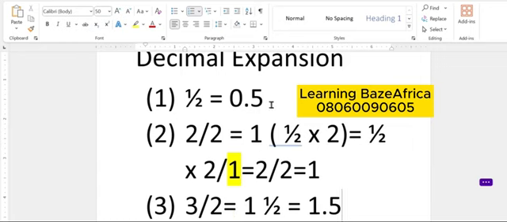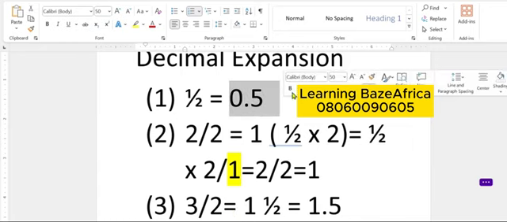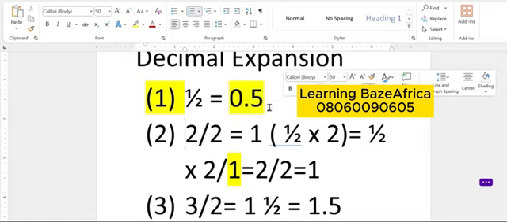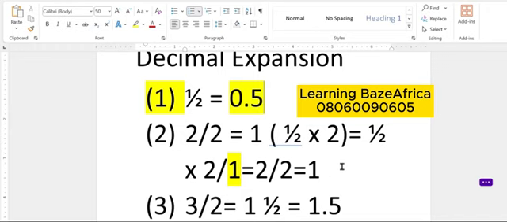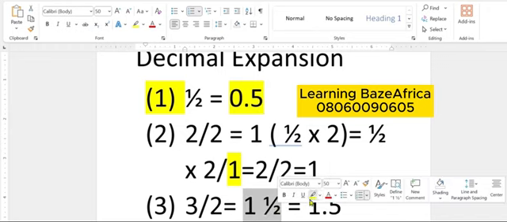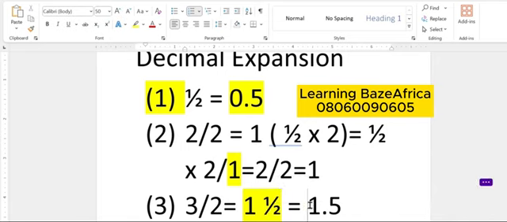The first one is half. You can see half here. The first one is half, and half is known as 0.5. Now when you have 1 and a half, that is 1 plus half.